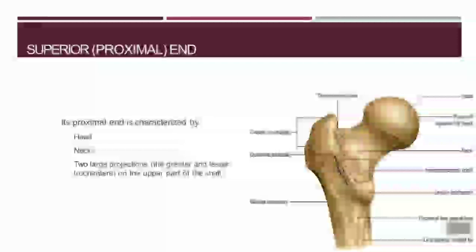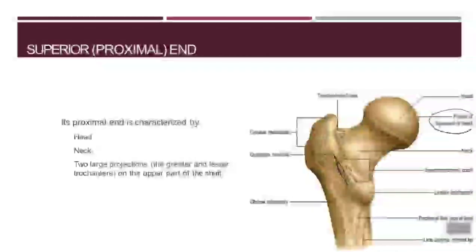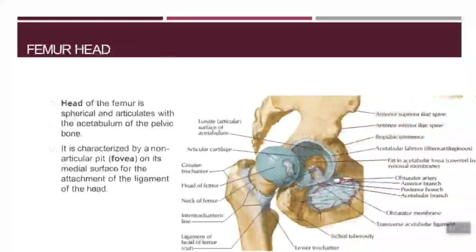The fovea capitis is attached by one ligament, named the ligament of the head of the femur, to the floor of the acetabular fossa. And again, in this picture, you can see the capsule of the hip joint attached to the intertrochanteric line.